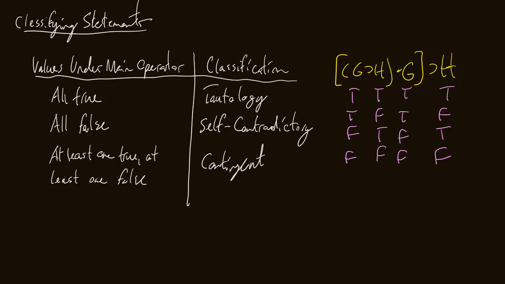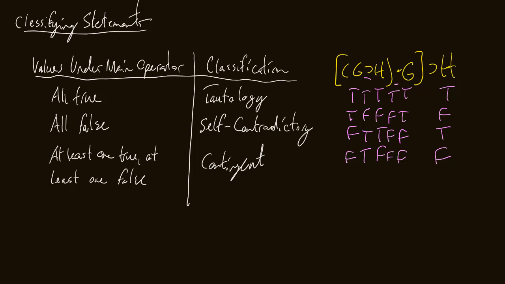So starting with the innermost operator, our horseshoe right here. True then true is true, true then false is false, false then true is true, and false then false is true. Now moving on to the next operator, the dot, for our conjunction. True and true is true, false and true is false, true and false is false, true and false is false.